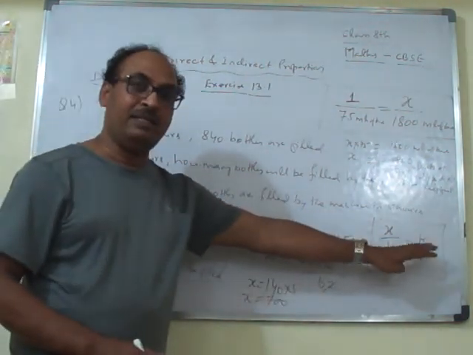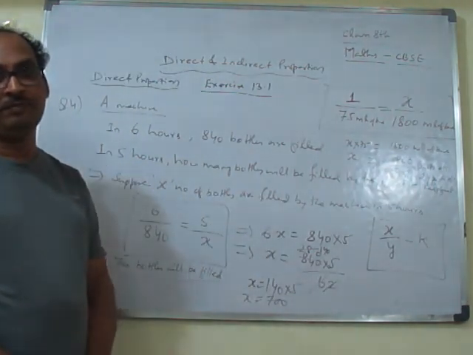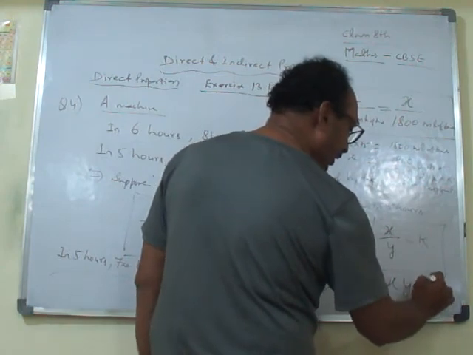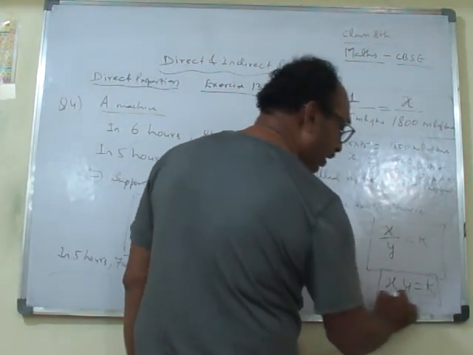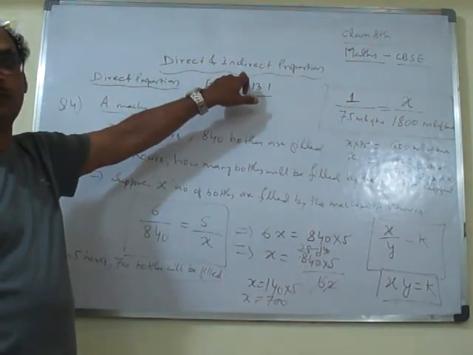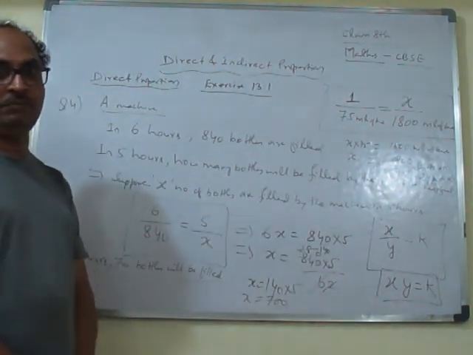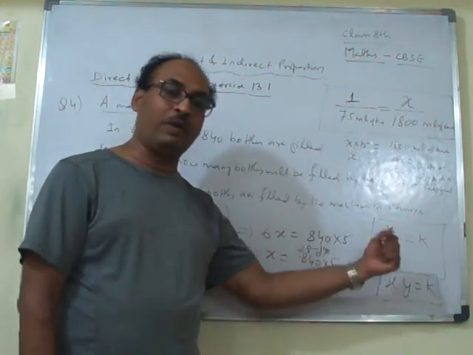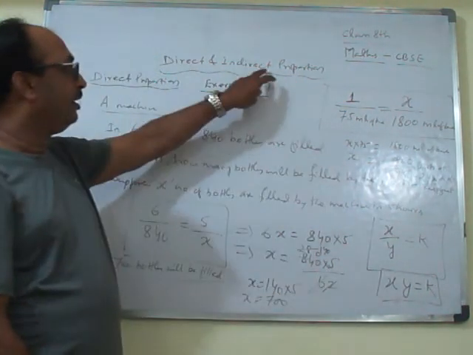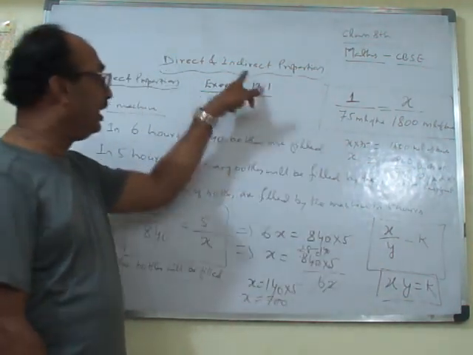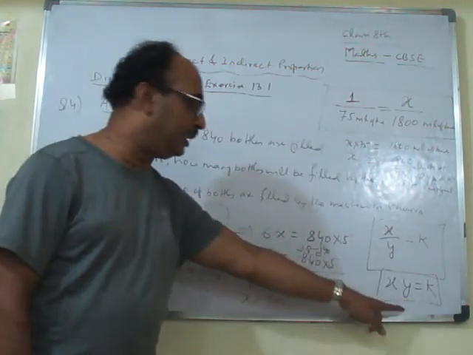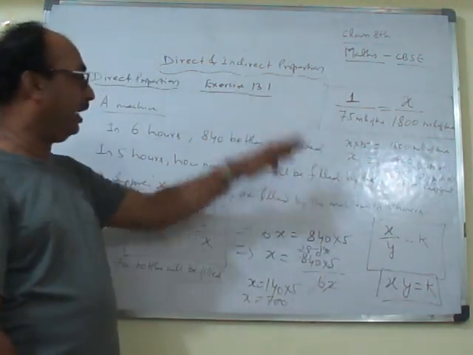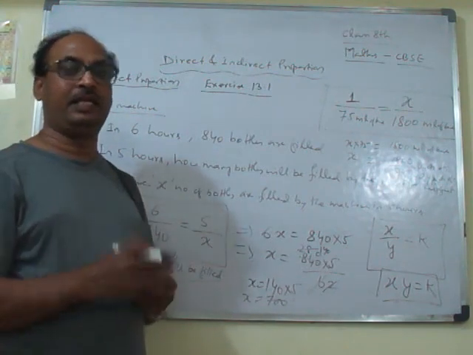Then only will it be direct proportion. If anywhere we have x into y equal to k, then it will go towards indirect or inverse proportion. In the next class, we will study this xy equal to k and how inverse or indirect proportion is applicable. That we will see in the next class.